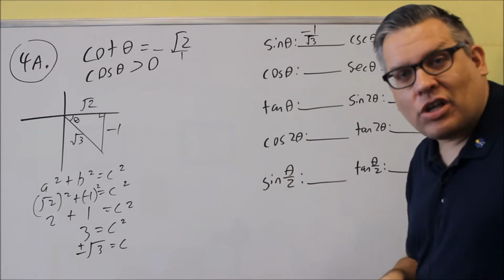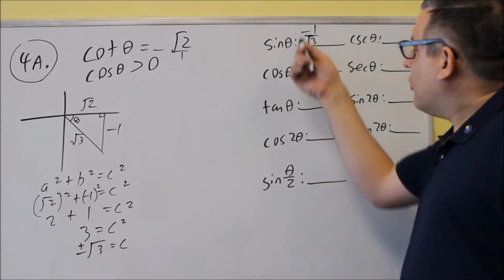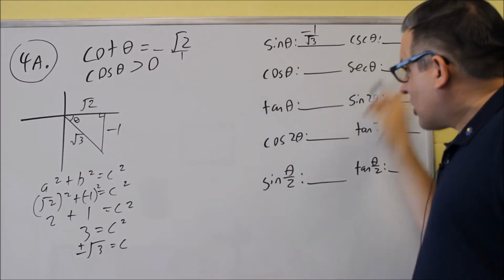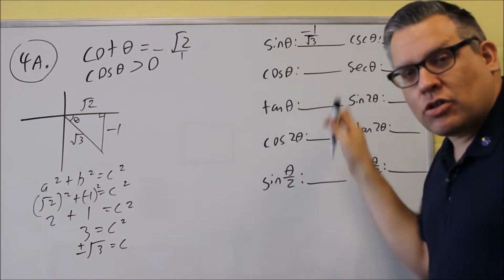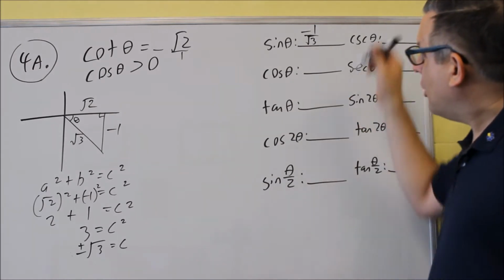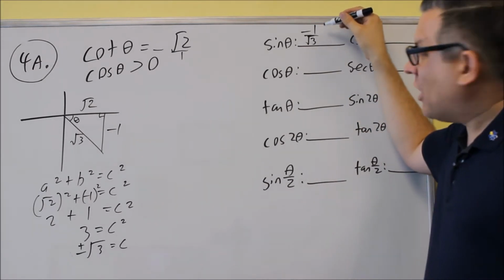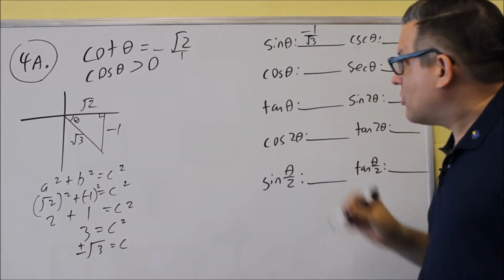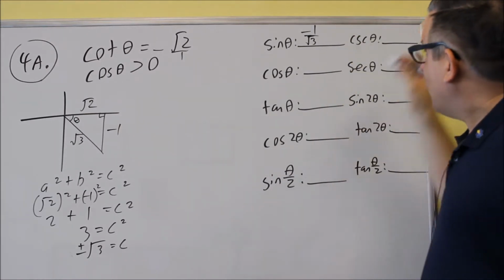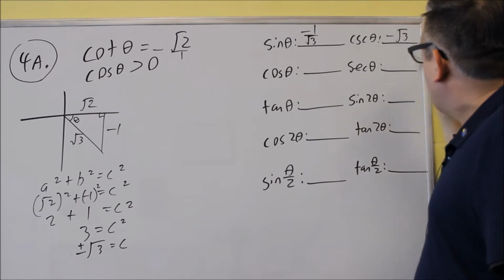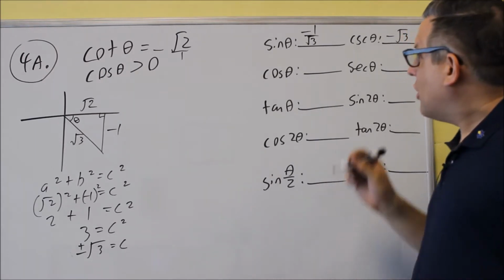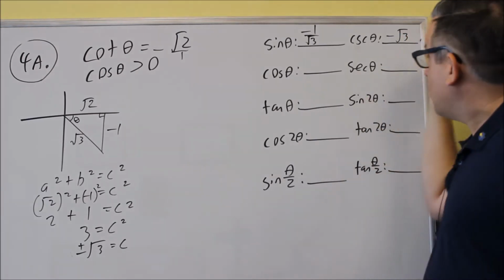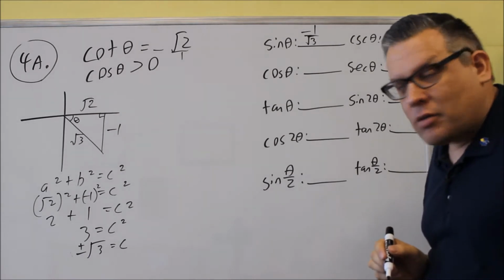On the answer key I have for this, I do have it rationalized, but because I have limited space, I'm not going to show the rationalizing steps. If you want to do that, you just multiply top and bottom by square root of 3 over square root of 3, and you rationalize it. So I'm just going to keep it in this form. If we flip that, we get negative square root of 3 over 1 for the cosecant, which would just be negative square root of 3.